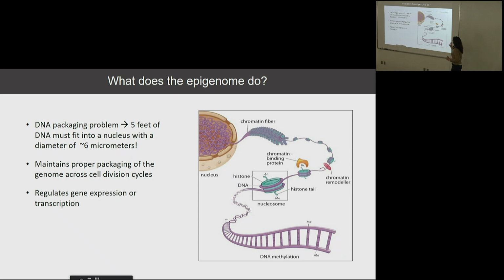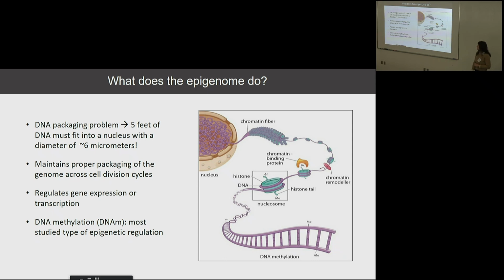What the epigenome is also doing is opening up certain areas of the DNA and closing certain areas, and those patterns are going to be different in every cell, because the genes transcribed in a skin cell, for example, are very different from the genes transcribed in a muscle cell. So it's really going to be cell specific, which we'll talk more about. But this is a very important function of the epigenome: it's regulating which genes are transcribed.